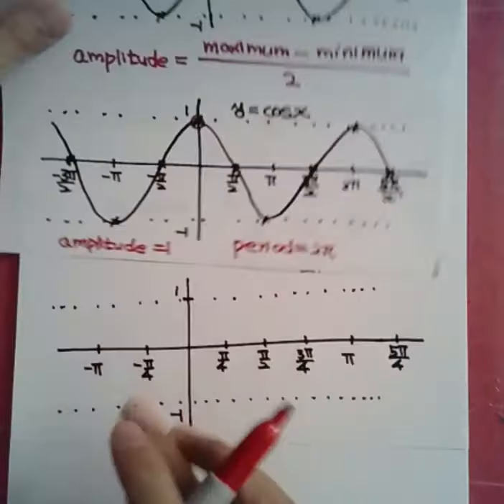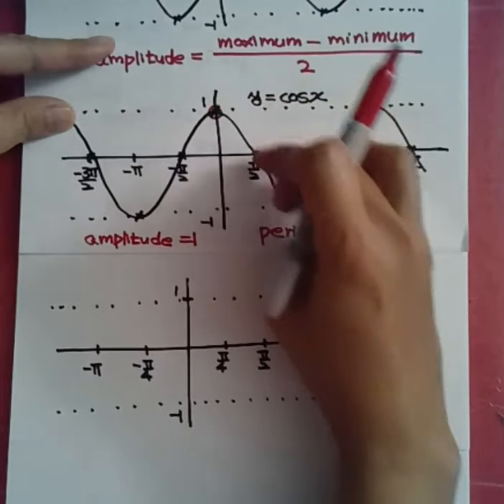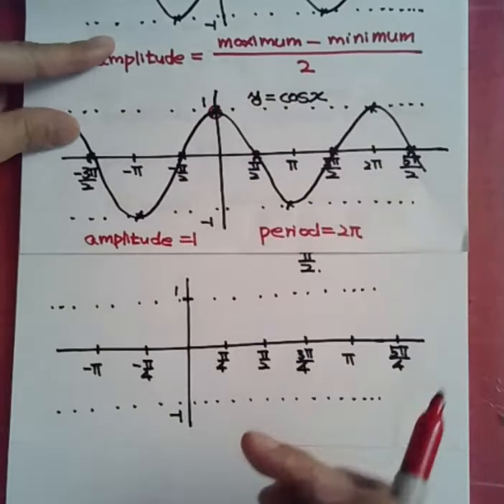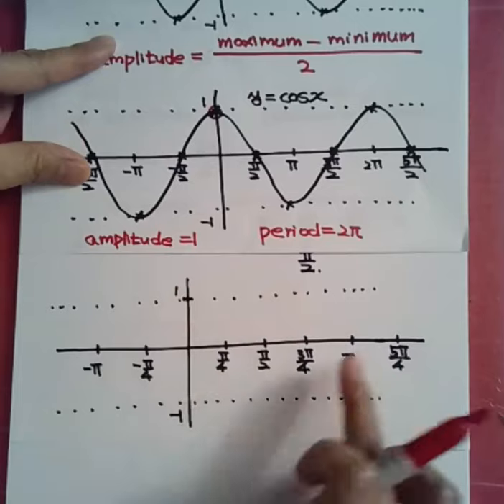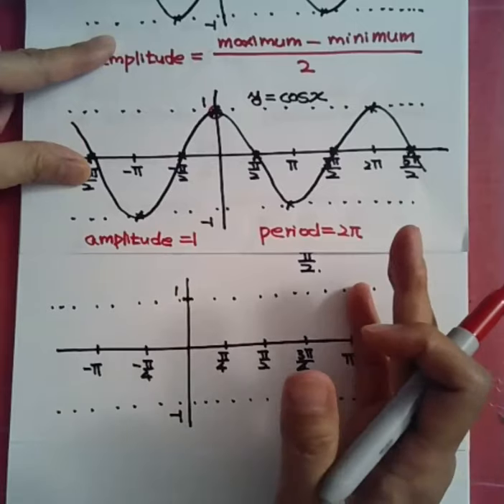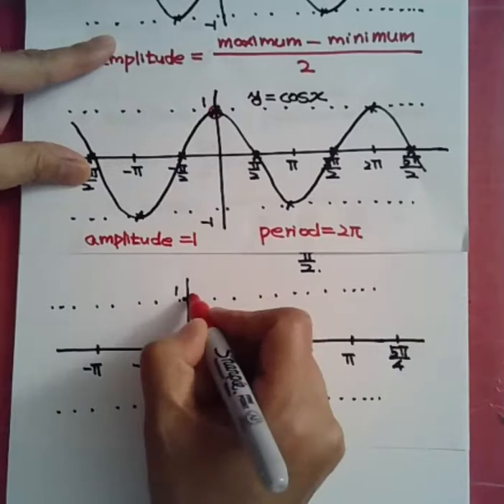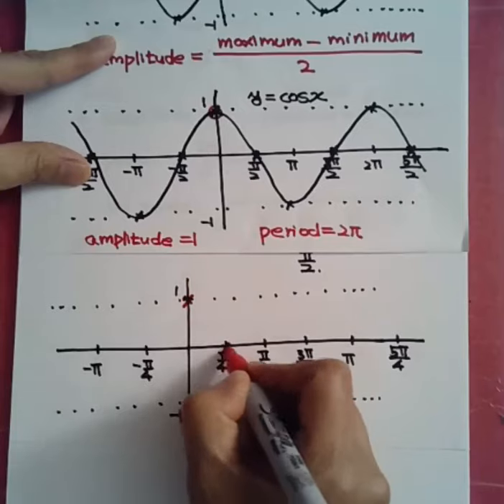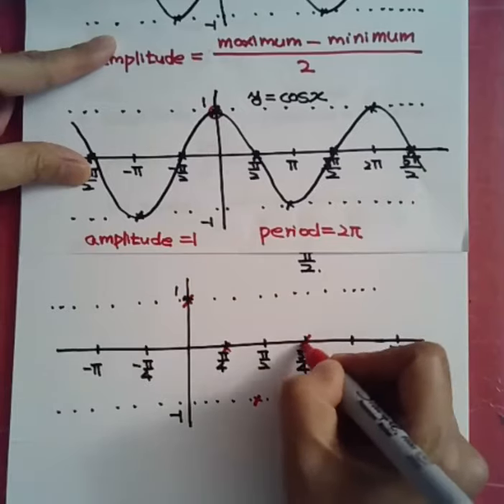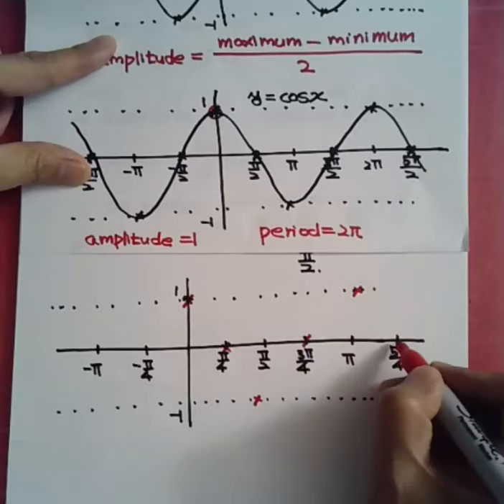As I said, we will follow the pattern of the function with modified period. So one period is pi. We start at 1, then go down and up to the maximum.